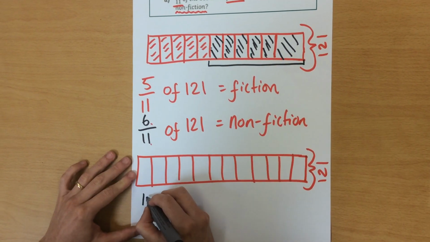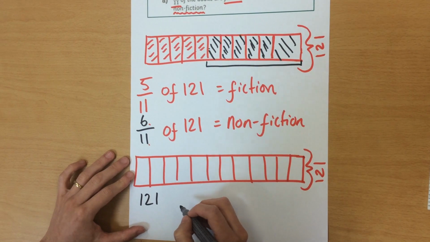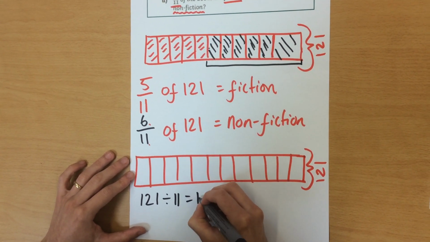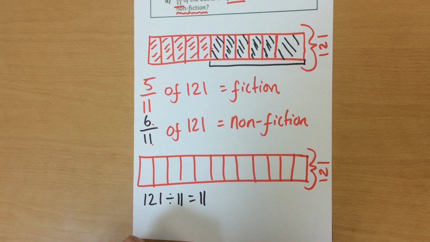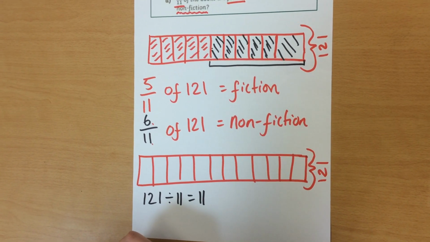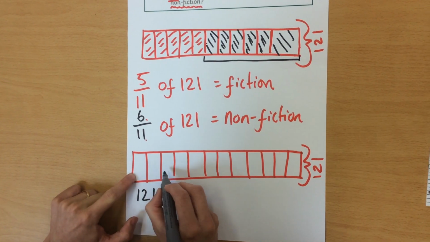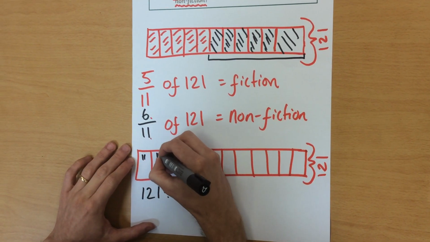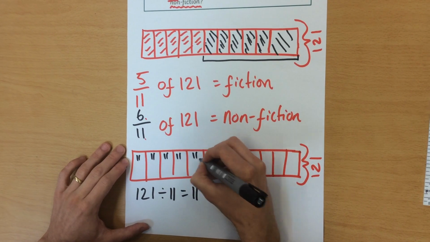Now, I'm pretty hot on my 11 times table. I know 121 divided by 11 is 11. 11 elevens are 121. It's the same as being 11 squared. So each one of these has a value of 11. So I'm going to put 11 into each part.